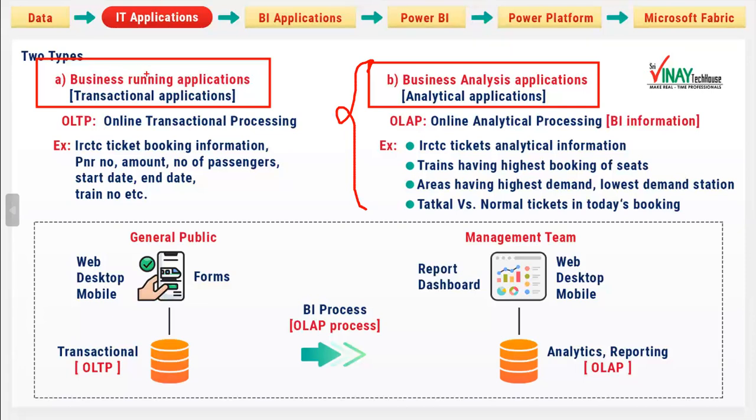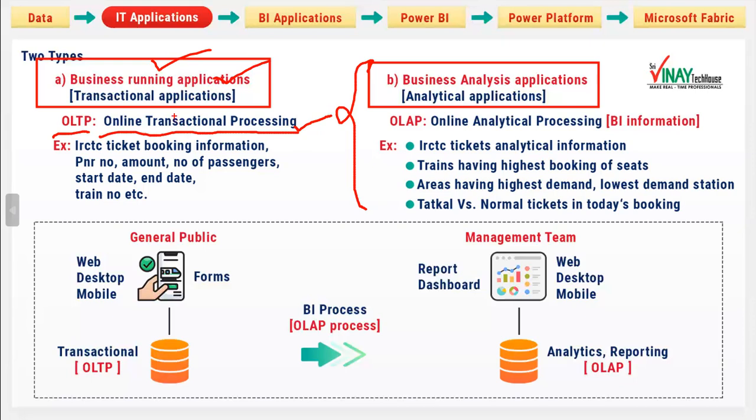So what is a business running application? Technically, at the IT level, we call it OLTP, online transaction processing. This is the technical terminology; logically, we say business running application. We all work with these applications daily, knowingly or unknowingly. You book a movie ticket, and at the end you receive a message, transaction successful.